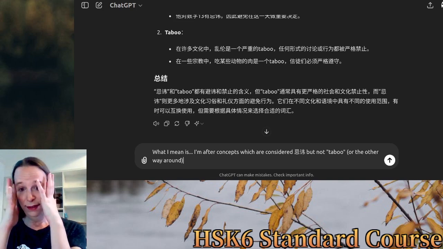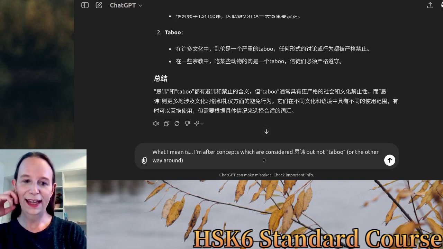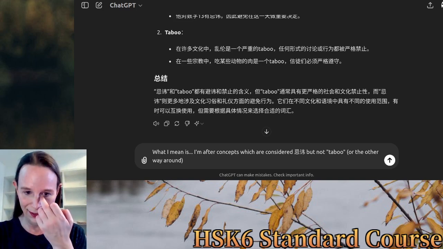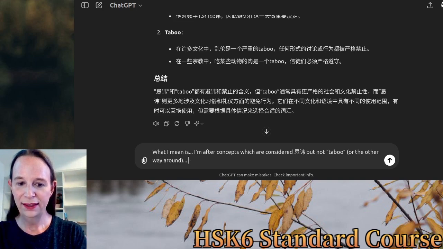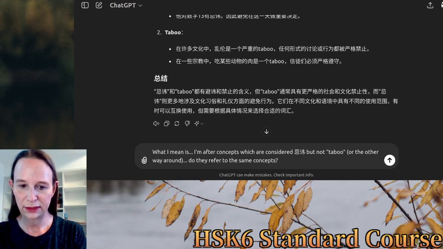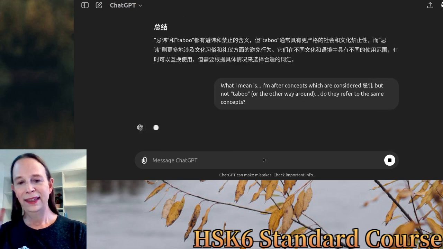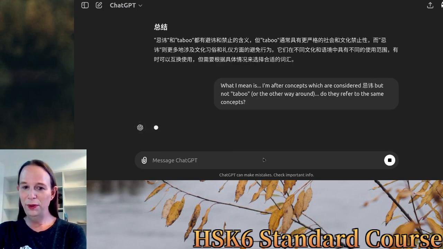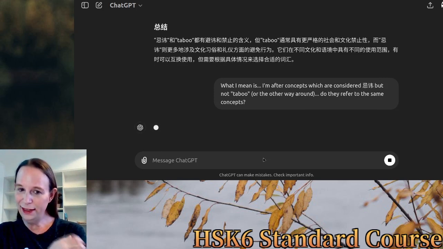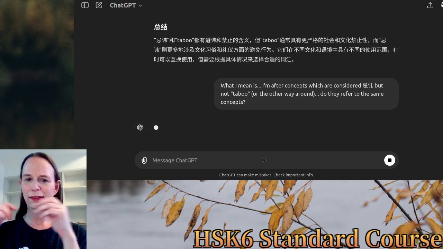Are there any, like, do they label the same concepts? Like, so like, do they refer to the same concepts? Yeah, maybe they're the same. Maybe if something is a taboo in English, it is a 忌讳 in Chinese. I'm not sure.